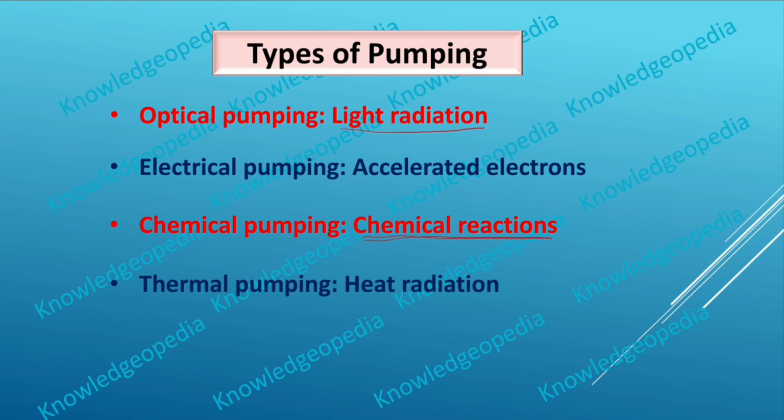Further, thermal pumping is the process in which heat radiation is used for pumping. And as we have already discussed, in a semiconductor laser or laser diode, direct conversion of electrical energy into light energy takes place. So these are a few of the pumping methods.